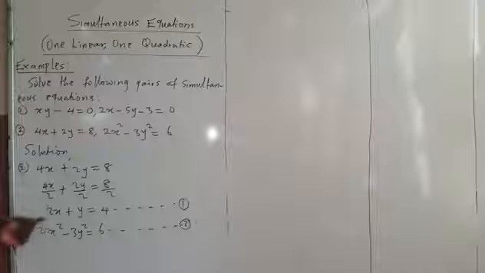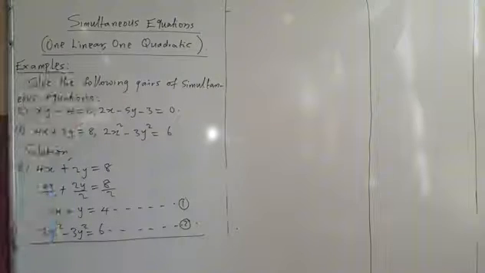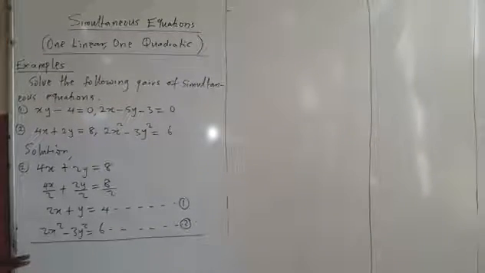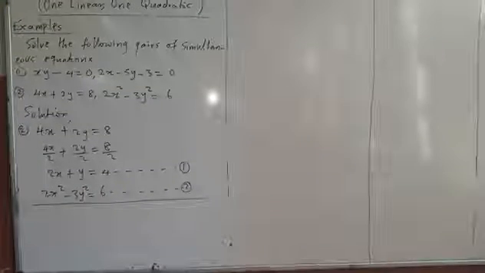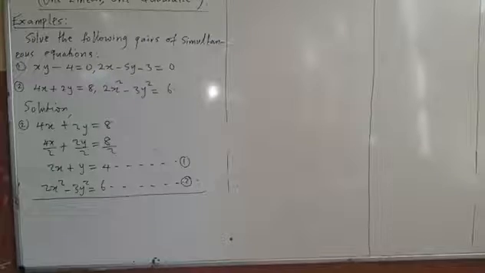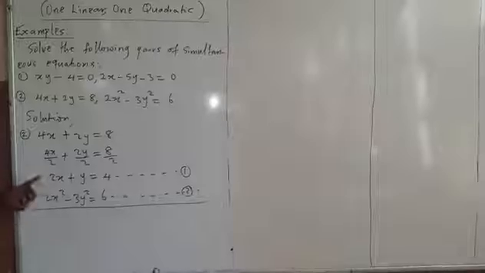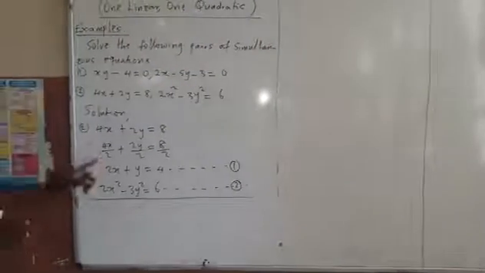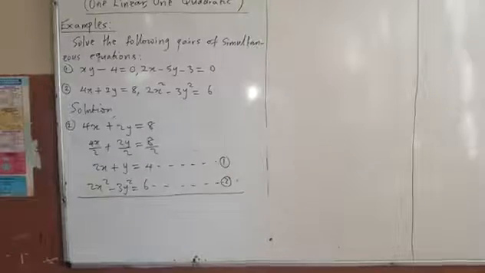So let's move on. So we can now check from equation 1 and 2. Equation 1 says 2x plus y equals 4. Equation 2 says 2x squared minus 3y squared equals 6. So it's better to make one of the unknowns the subject of the formula from the linear equation, which is equation 1, rather than from the quadratic equation.